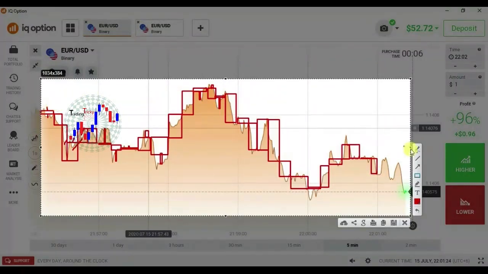Okay, now you can see here gradually sellers becoming stronger, but I will tell you all the secret about what you should do when a strong candle forms, and when this kind of candle forms.